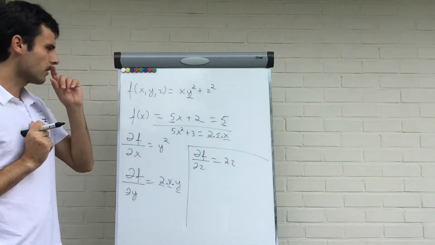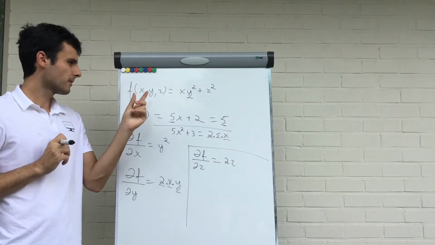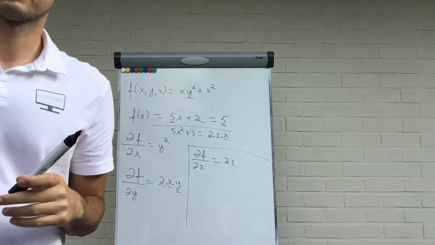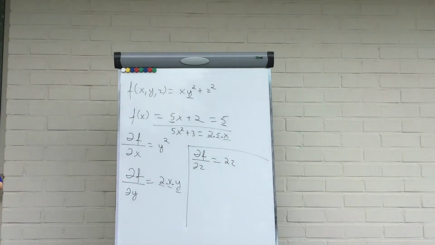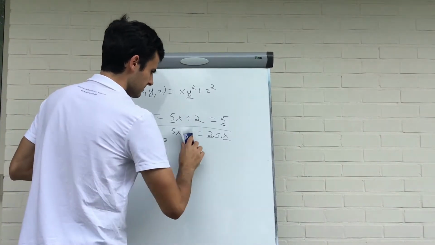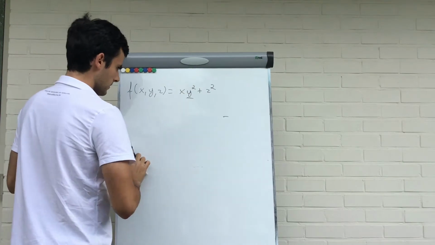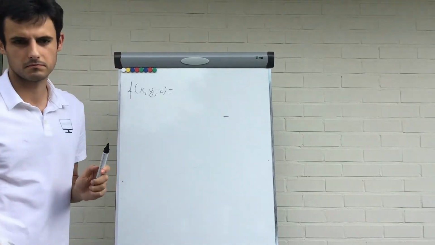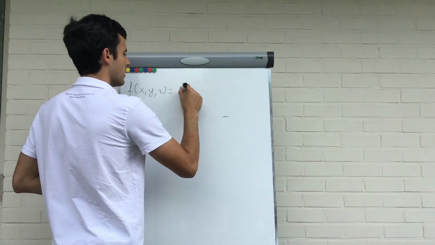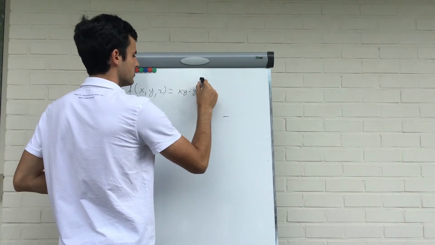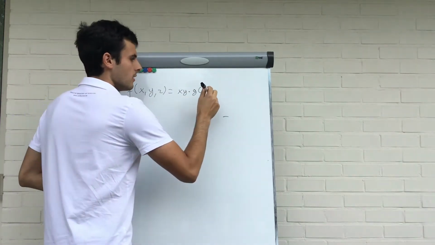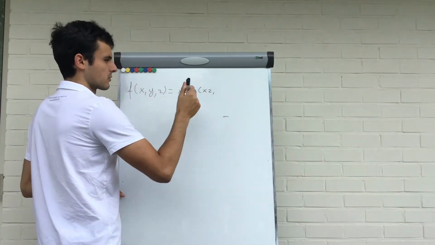Okay. Now we're going to make a second example, and let's suppose f is a function of another function. Let's say x y multiplied by g, and g is a function from R squared to R squared.